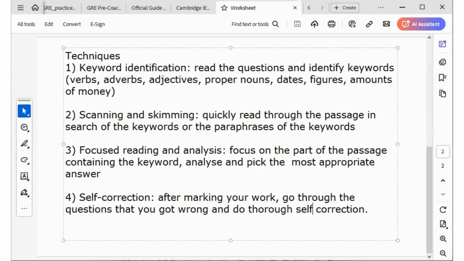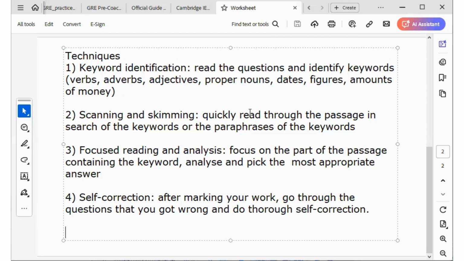That's technique number 4. What is self-correction? You are looking at the questions you got wrong and you want to know why the answer in the textbook is correct, and why your own answer is wrong. What was the mistake that you made that resulted in you picking the wrong answer? That's what I call self-correction.